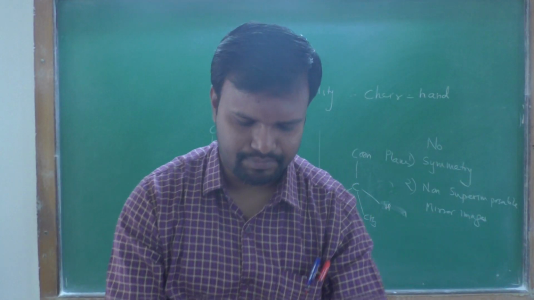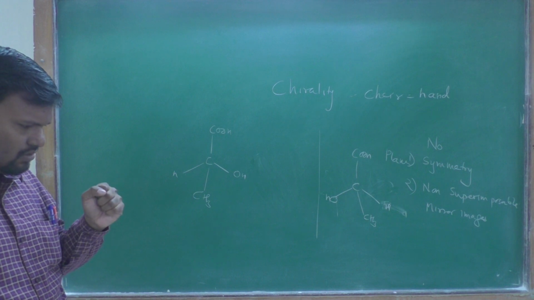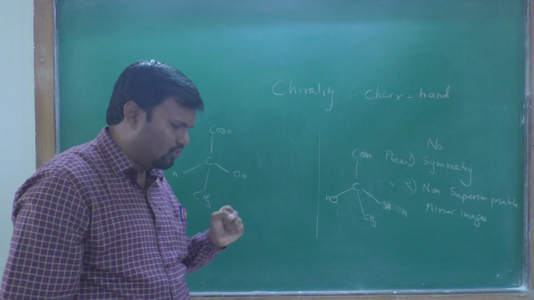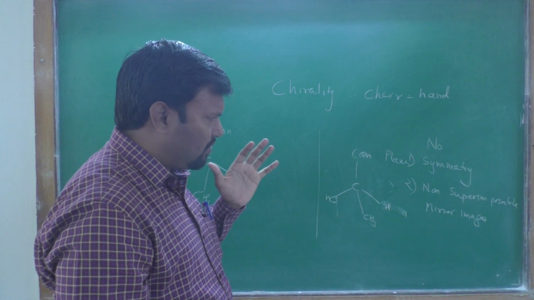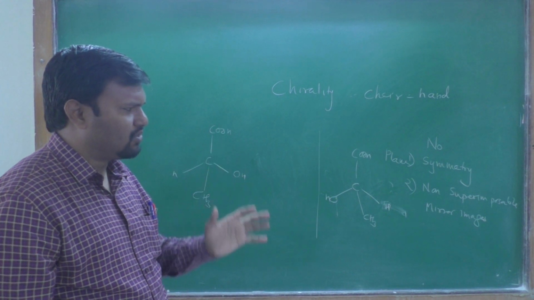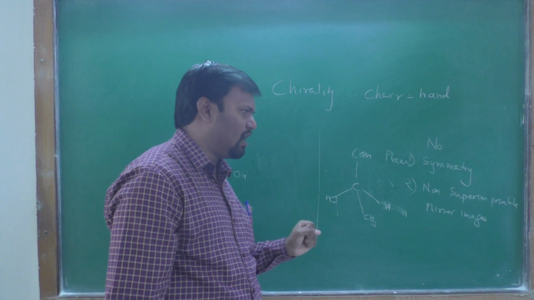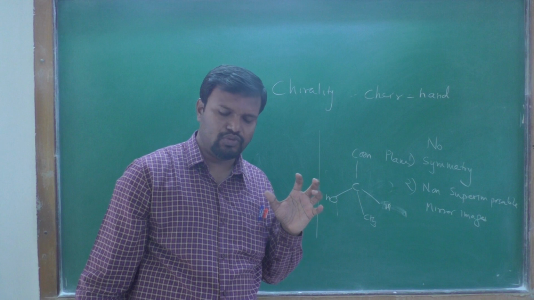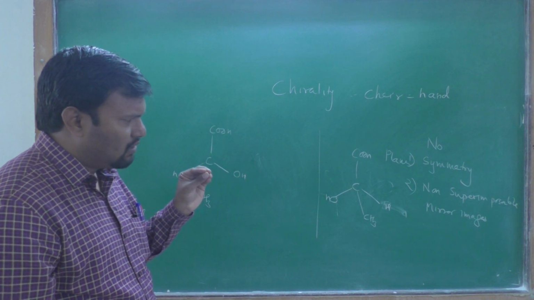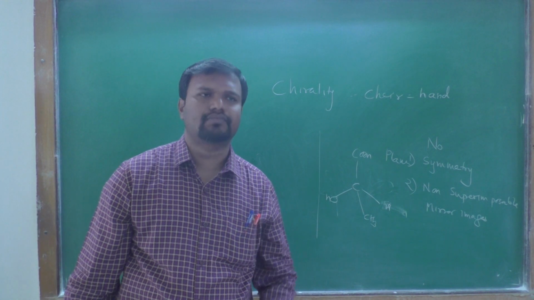Therefore, for chirality in a molecule, there must be no plane of symmetry, and the mirror images must be non-superimposable on each other. These two conditions are required for chirality.